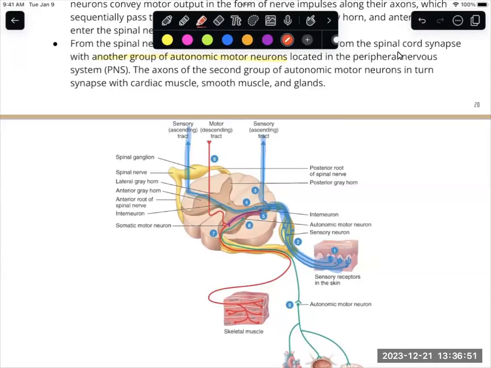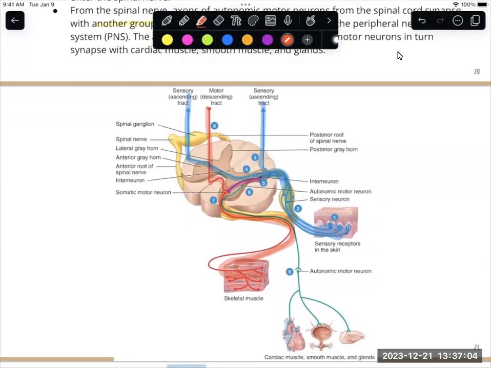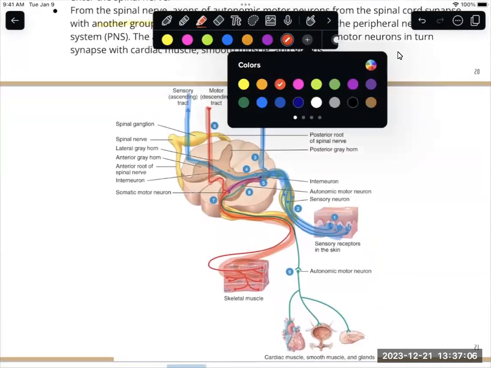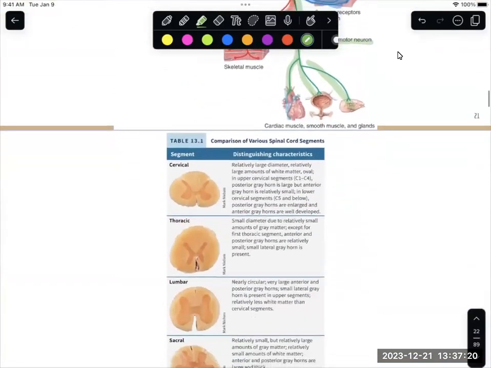That'll go out to skeletal muscle. This information will come down the white, jump into the gray before it goes out. And that autonomic will come out through that lateral gray horn. It'll synapse with an autonomic motor neuron and then go to one of its target organs.